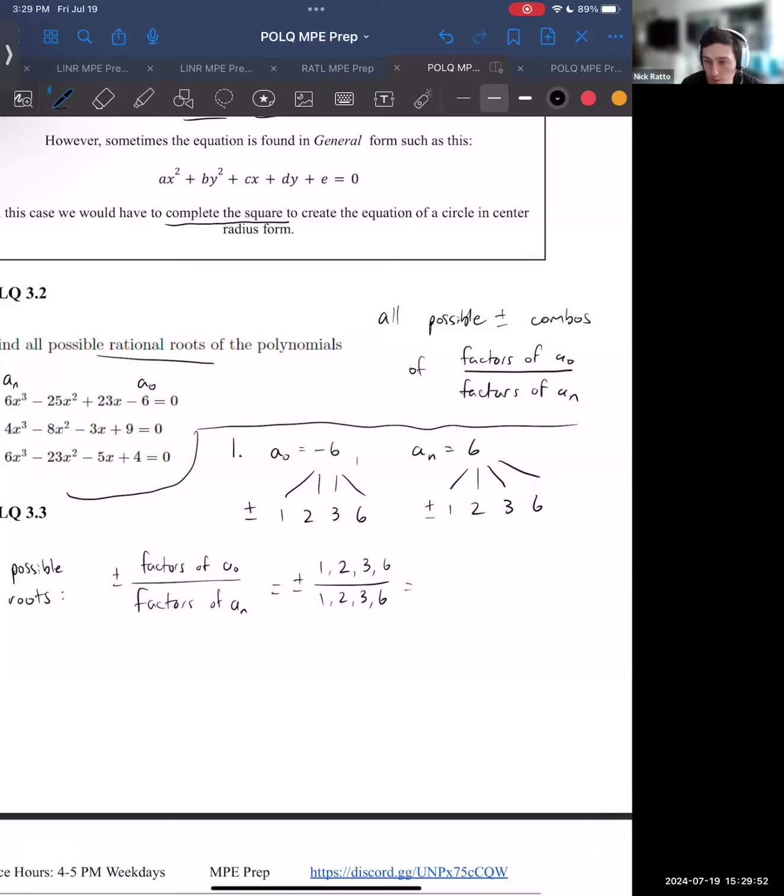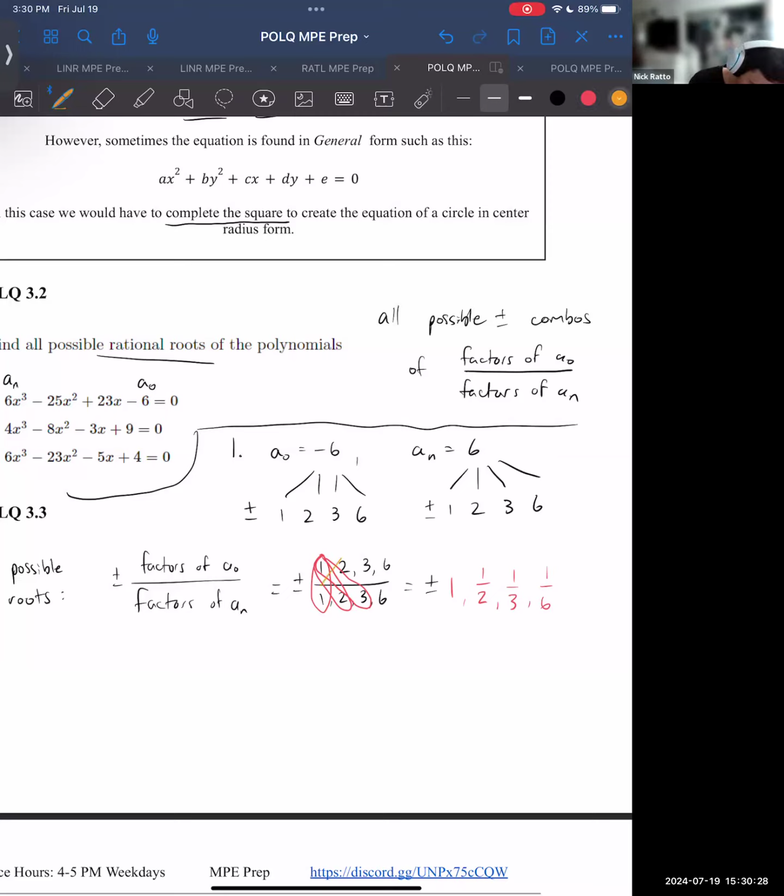Now, what are all these combos going to be? Well, each one of these numbers can be either positive or negative. And we're just going to look at it like this. If we divided 1 by 1, we get 1. If we divided 1 by 2, we get 1/2. 1 by 3, 1/3. And then 1/6 for 1/6.